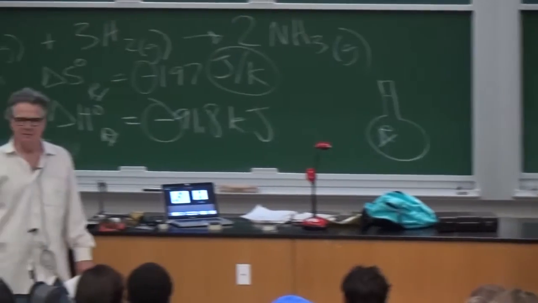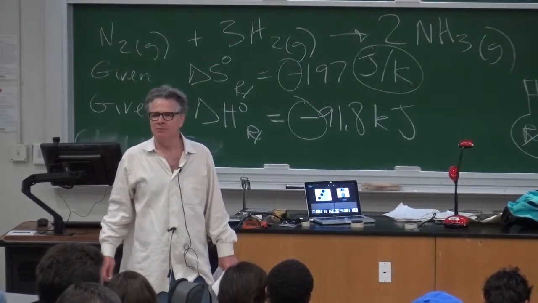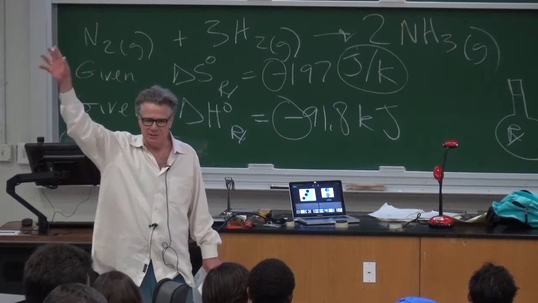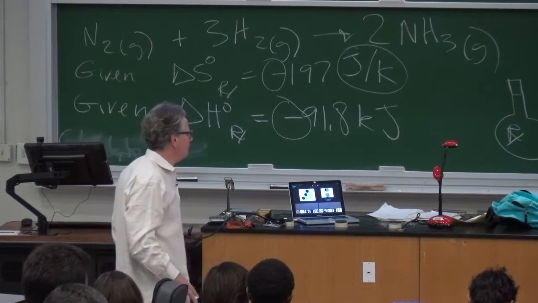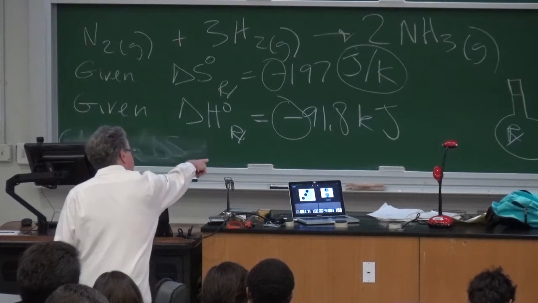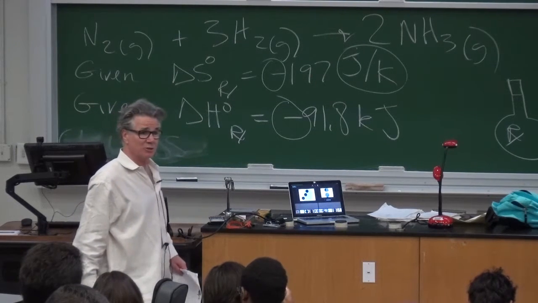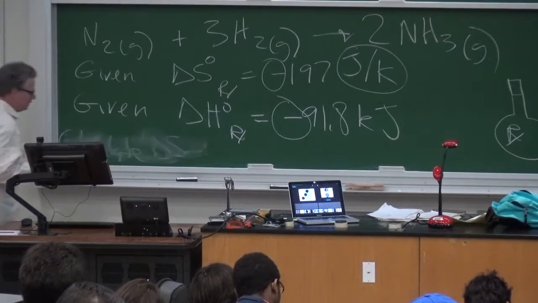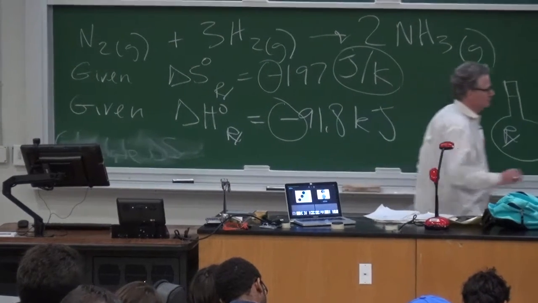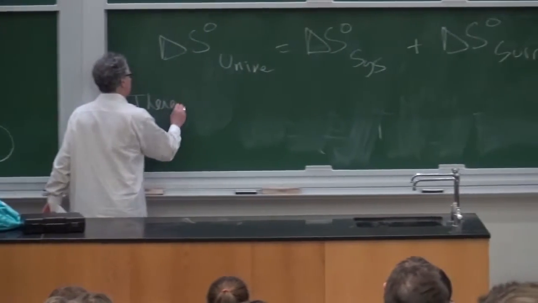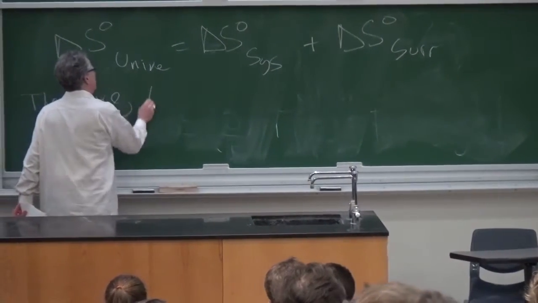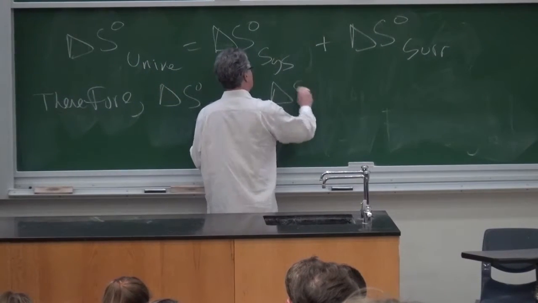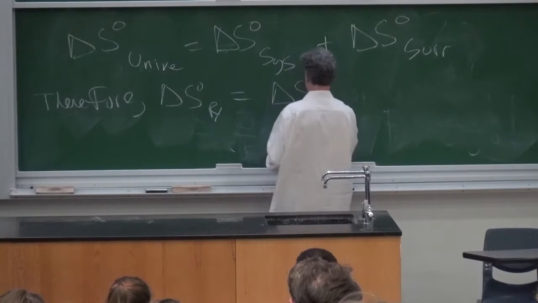You, me, Alpha Centauri, Pluto, not the comic book Pluto, but the asteroid, wherever it is, everything else. So key point, that flask where the reaction is occurring, that's the system. Therefore, delta S reaction equals delta S of the system.